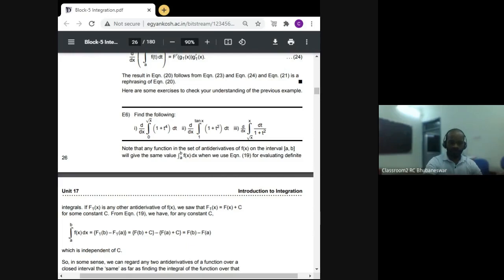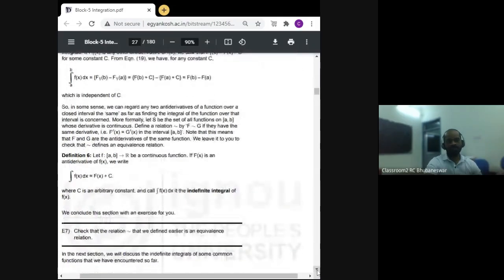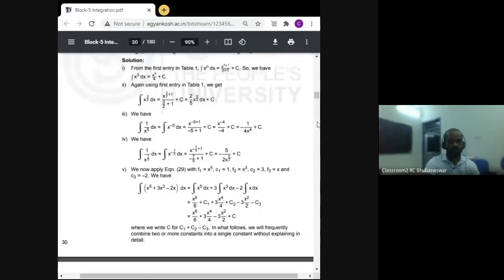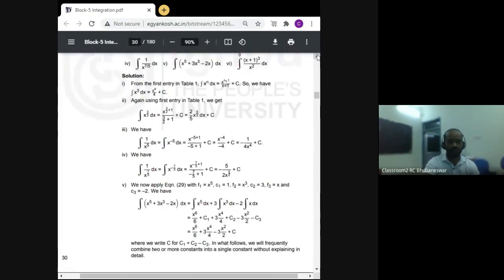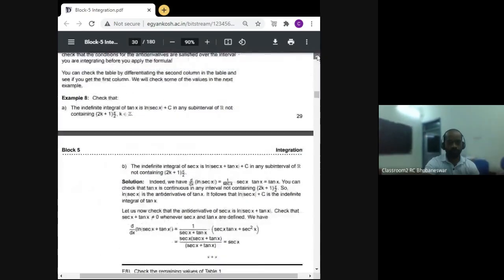After discussing the definition of integration for a function defined on a certain interval, we can now easily calculate the integral of some basic functions like trigonometric functions, exponential functions, and also algebraic polynomial functions. Let us discuss all these, which are listed on page number 29. So let us move to page number 29.